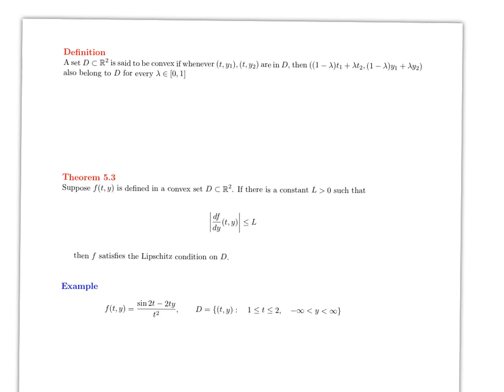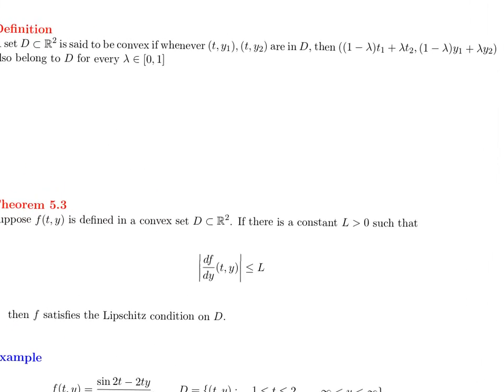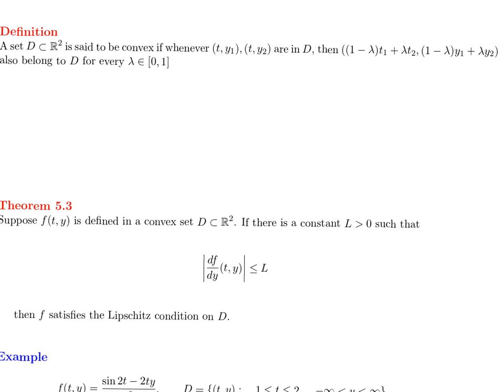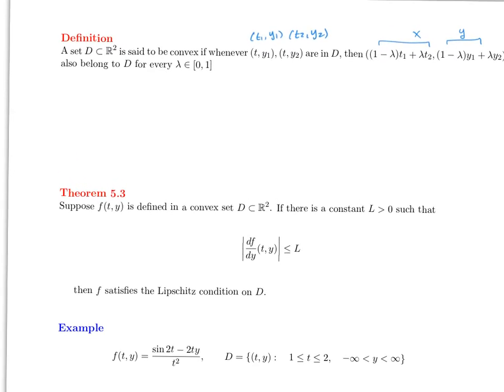Let's look at the following definition. A set D that is a subset of R squared is called convex if whenever (t1,y1) and (t2,y2), and there is a typo here, there should be t1, y1 and t2, y2, are part of the set, then this ordered pair, because technically this is x and this is y, also belongs to the set D for every lambda between 0 and 1.